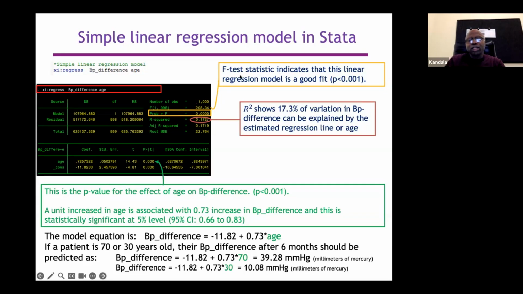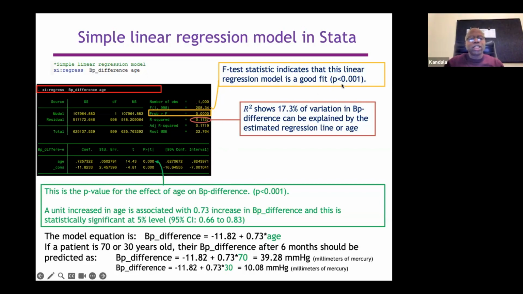And the model statistic here indicates that there is a linear relationship between the blood pressure difference and age. And it is statistically significant because it's less than 0.05, as you can see here. So the model we have here is a good fit, judging by the p-value.